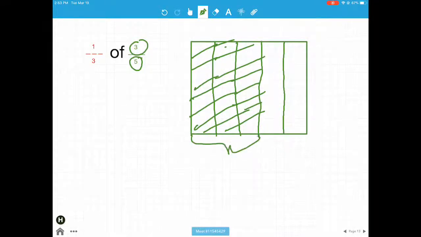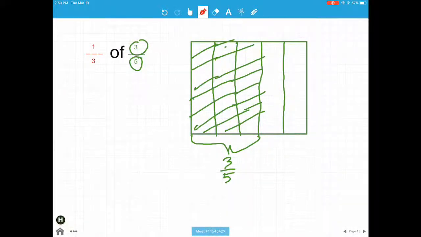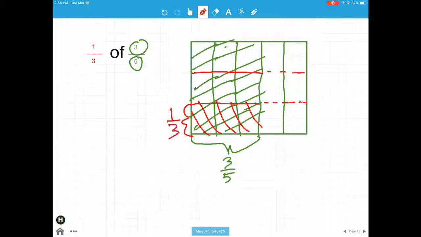So this is 3/5. Now out of that 3/5, I'm going to divide them into thirds, going horizontally, and I'm going to shade in 1/3 of it. So this is 1/3.